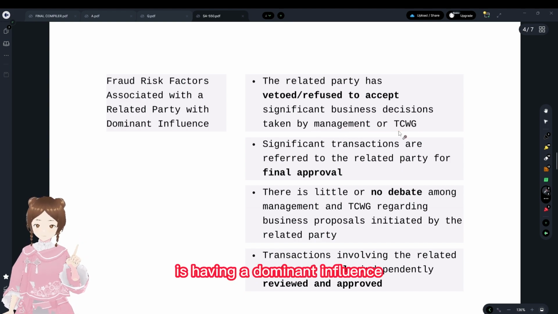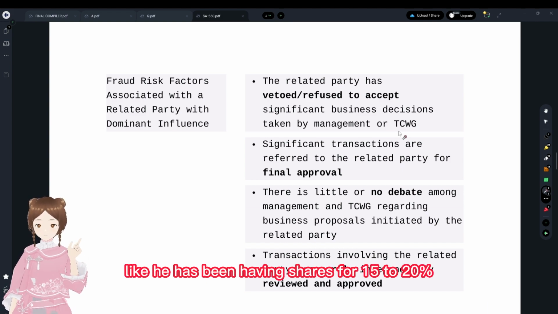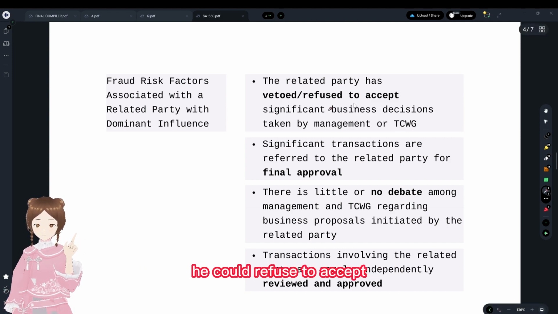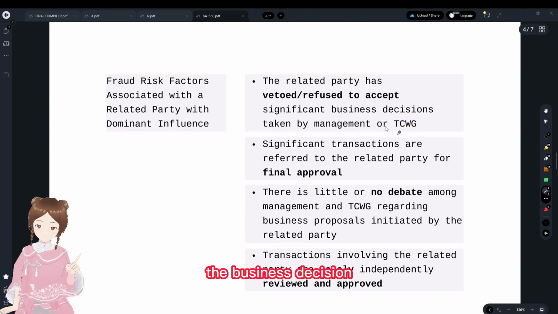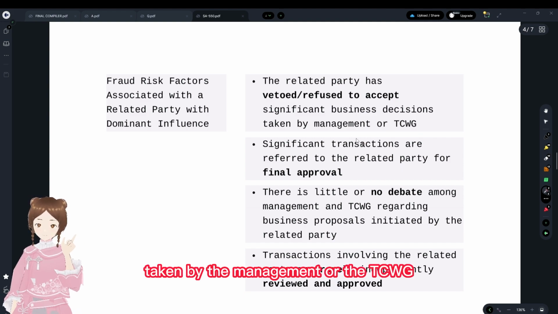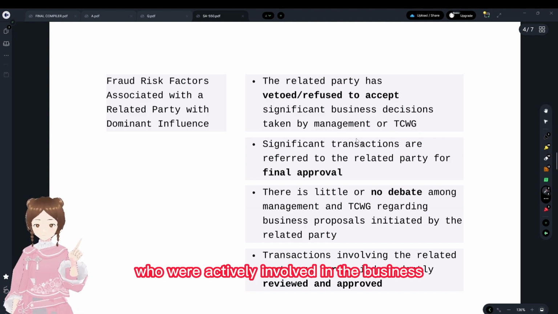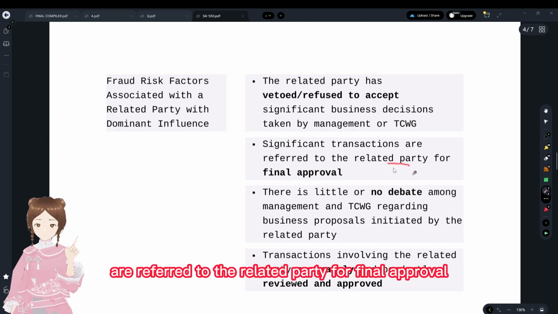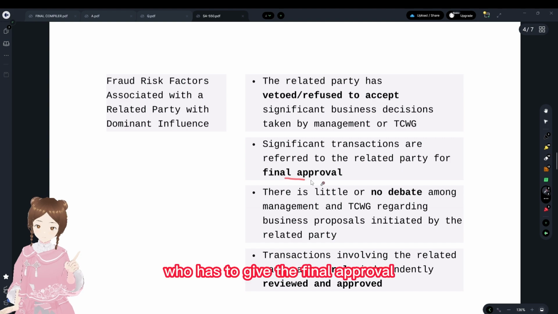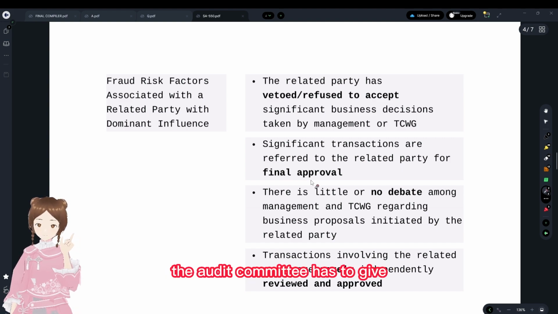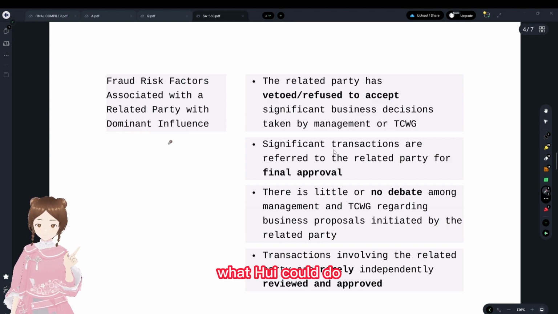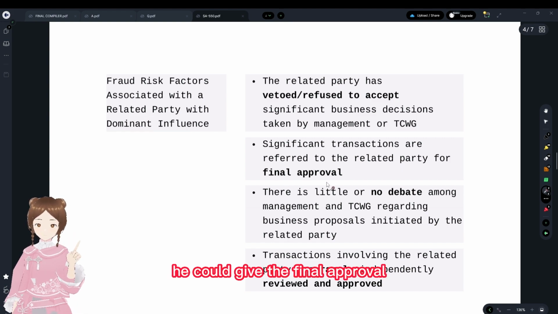That related party has a dominant influence, like he has been holding shares of 15 to 20% and all. He could refuse to accept the business decisions taken by the management or the TCWG who were actively involved in the business. And the significant transactions are referred to the related party for final approval. Who has to give the final approval? The audit committee has to give it. But due to his dominant influence, he could give the final approval.